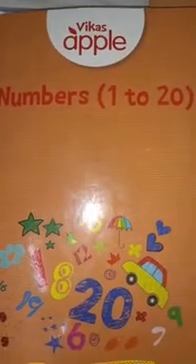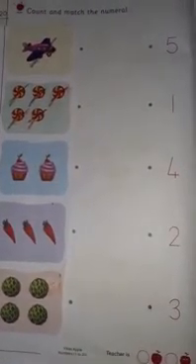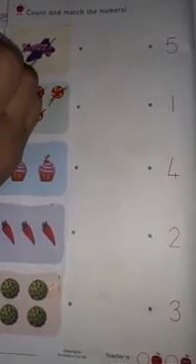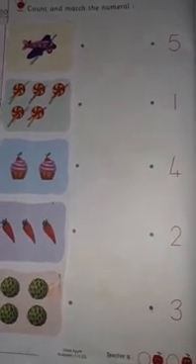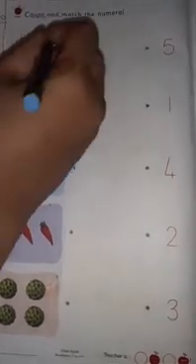In your workbooks, you turn to page number 14. You have count and match the numerals. Now with your pencil, you cancel the objects so you are able to count it correctly. We start with the first set. This is an aeroplane and there is only one aeroplane.